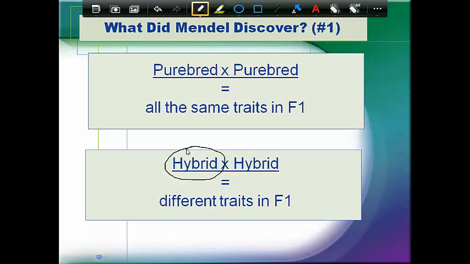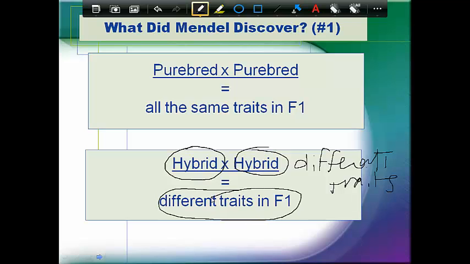So we cross hybrids. Hybrids have different traits, so not the same traits as the parents. And they resulted in different traits showing up in the next generation.